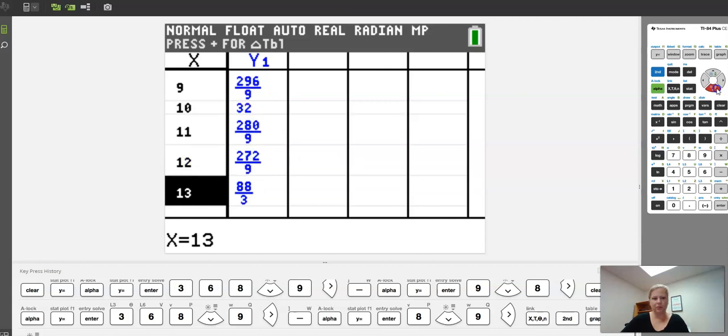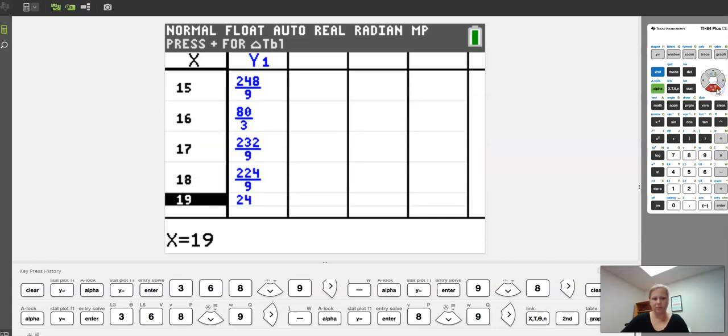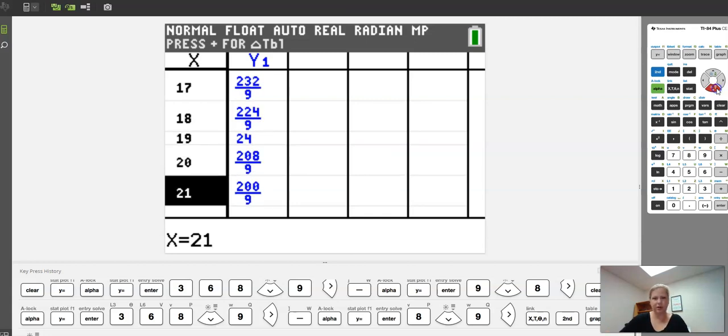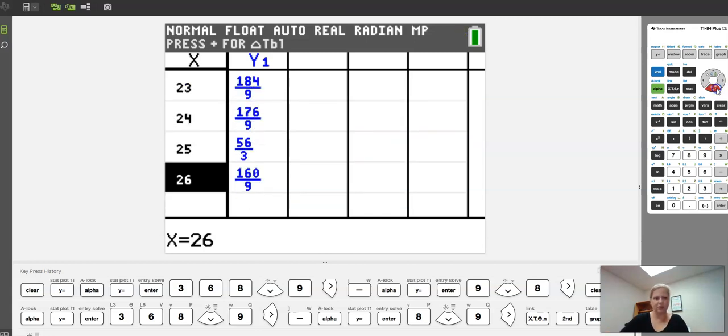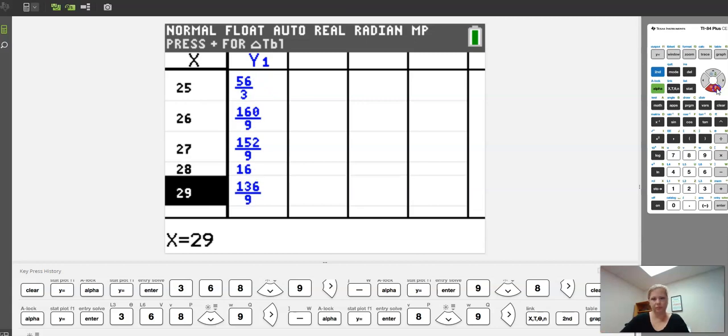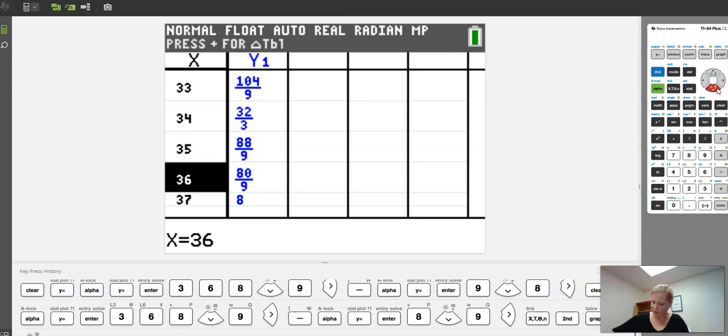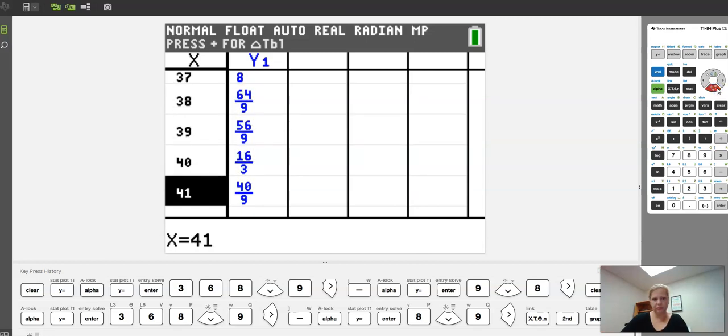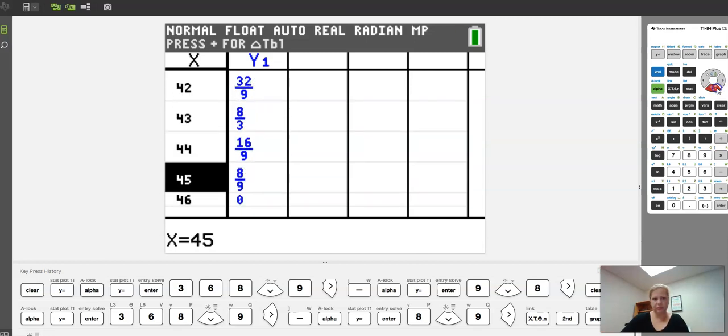There'll be another combination, 19 and 24. Another one we're jotting down, we're going to put that as one of our answers. 28 and 16. 37 and 8. And 46 and 0.